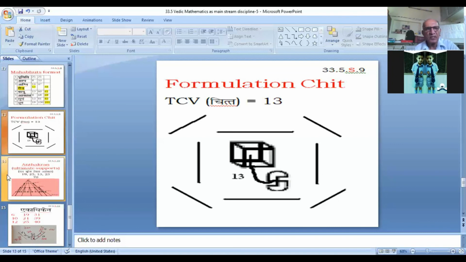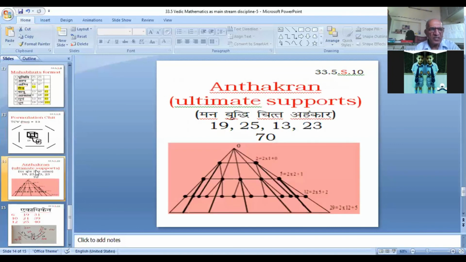With it, the phase and stage will reach where one will be face to face with Antahakaran, ultimate sports. There are quadruple sports of Man, Buddhi, Chit and Ahankar. These quadruple formulations lead us to values 19, 25, 13, 23 of summation value 70.